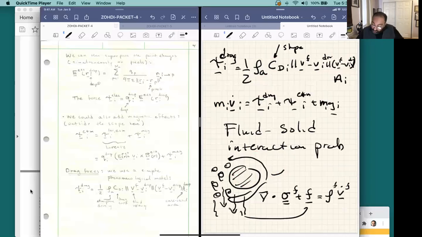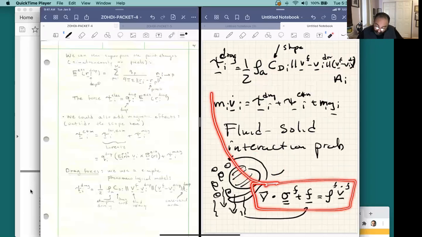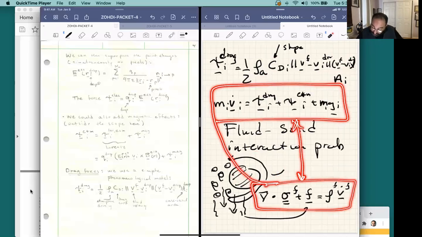Now that differential equation, we're going to spend a lot of time on when we derive it relatively carefully, is also coupled now to all of the little objects that are moving through the material. So we have a real problem. These two systems are very strongly coupled, which leads to this moniker here, solid-fluid interaction.